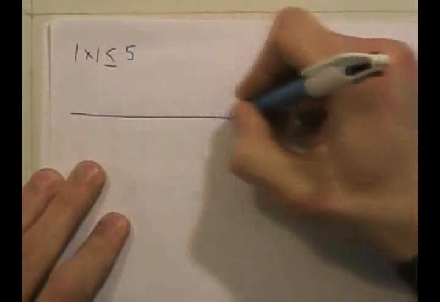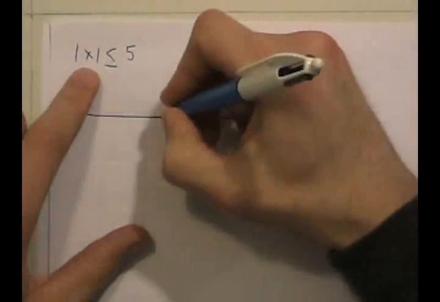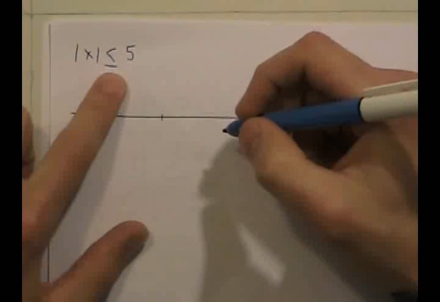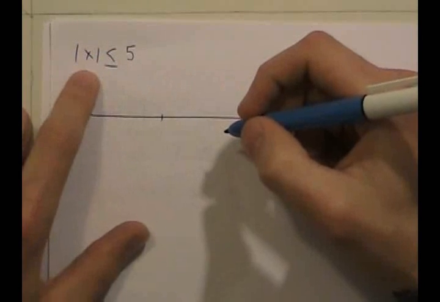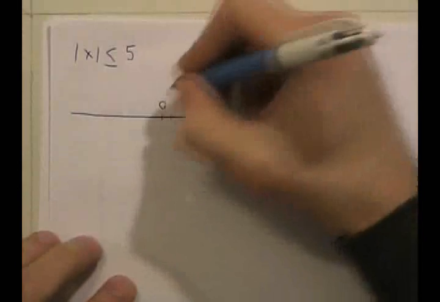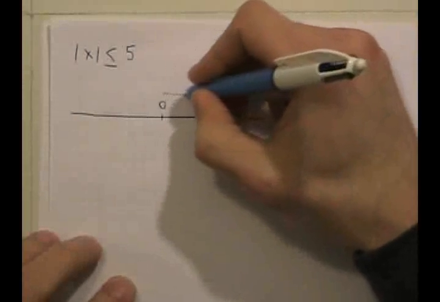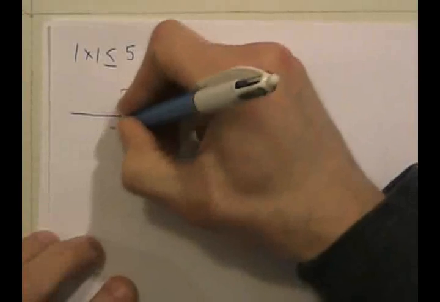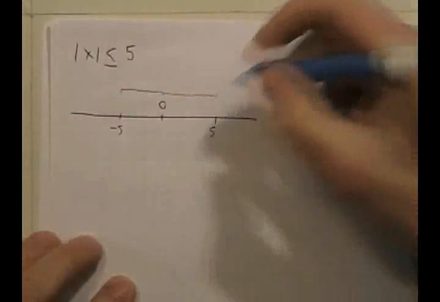It's asking for every number that is at a distance less than 5 from 0. So here's 0, and the numbers that are equal to a distance of 5 are, of course, -5 and 5. So I write those down.